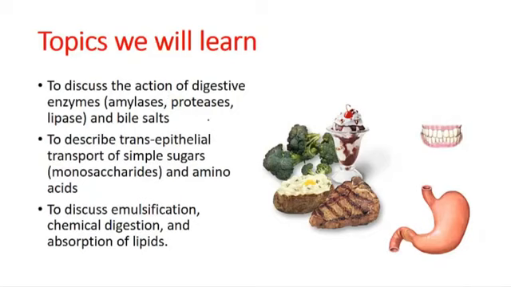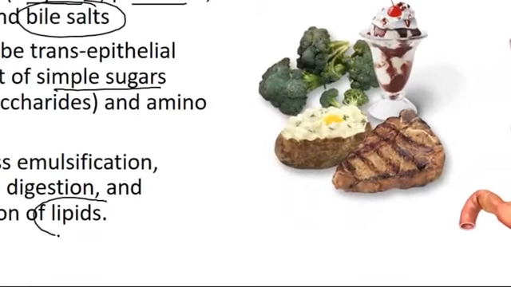In this lecture, we will be discussing the action of digestive enzymes involving amylase, proteases and lipase, along with the function of bile salts. We will also describe the transepithelial transport of simple sugars and amino acids. And thirdly, we will be discussing the emulsification, chemical digestion and absorption of lipids, which is slightly unique compared to carbohydrate and protein digestion and absorption.